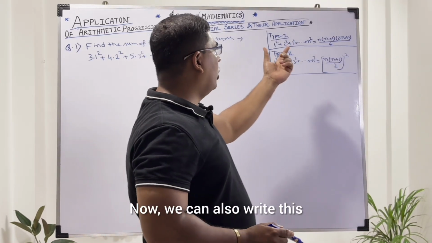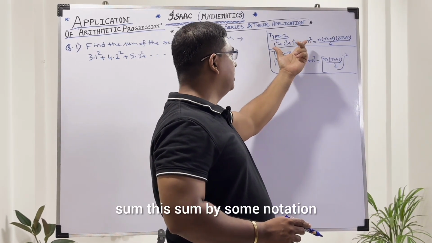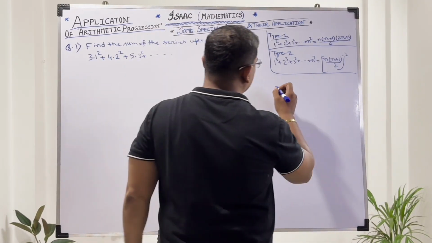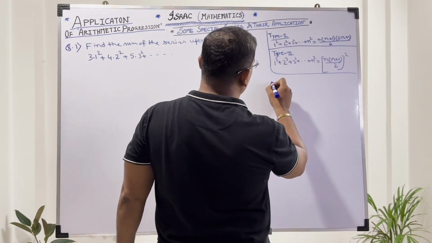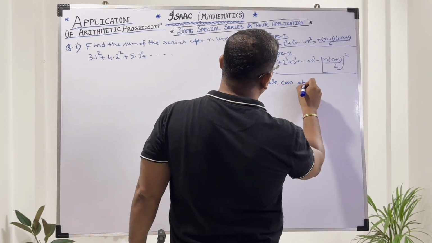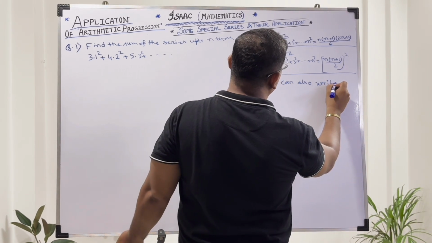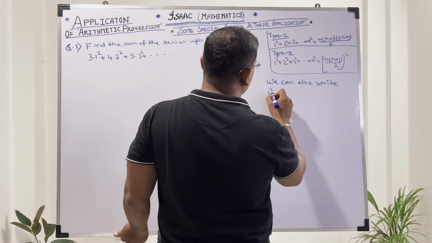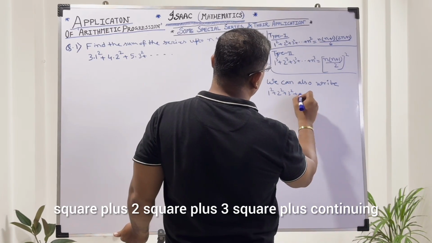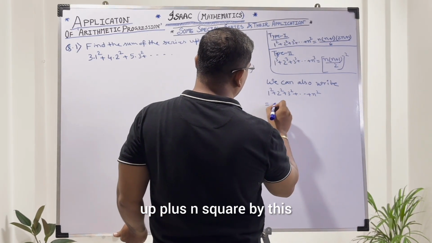Now we can also write this sum by some notation. We can also write 1 square plus 2 square plus 3 square plus continuing up to n square by this way.